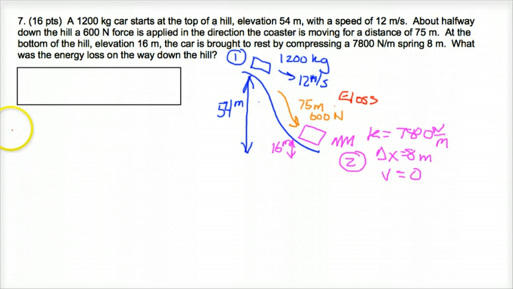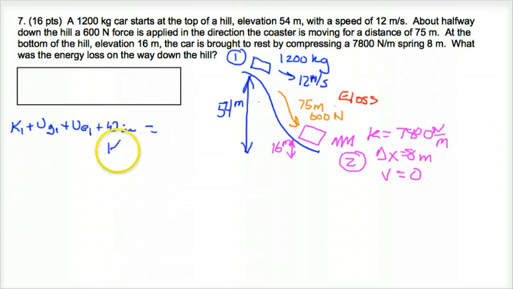So this one truly does use most of the terms of the energy equation, so we'll write it out here. K1 plus UG1 plus UE1 plus work in is equal to K2 plus UG2 plus UE2 plus E loss.